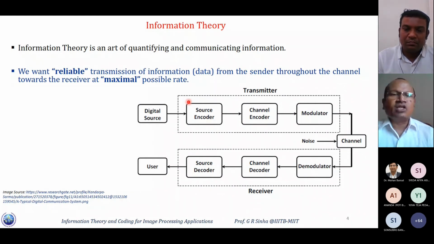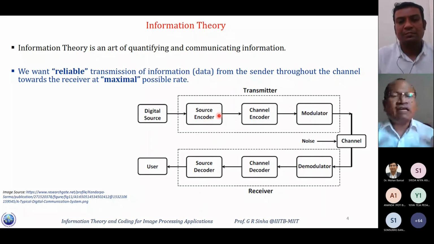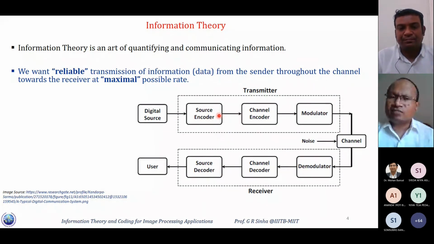And you can see that you have digital data. You get the digital data by using ADC. You sample, then quantize, then you apply PCM, you get the digital data. And then you have two types of encoders, source encoder and the channel encoder. And both have their advantages and disadvantages. And both are equally important.